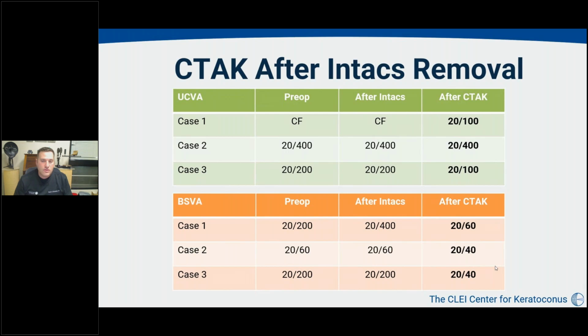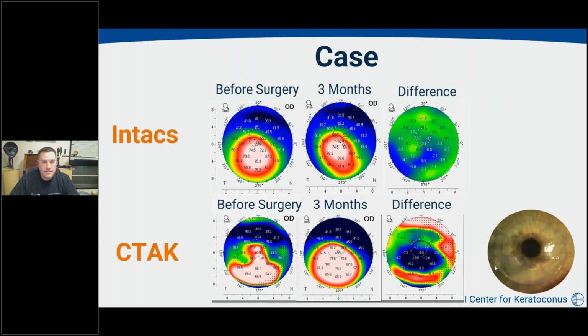But you can see after CTAK, particularly in that spectacle correction, how these surgical plans are allowing us to get these results. The uncorrected vision improved in most cases where patients really could notice the difference, but the spectacle correction really improved to a level in 2 out of 3 cases to around 20/40, which is a very functional vision for these patients when they don't wear their contact lenses.